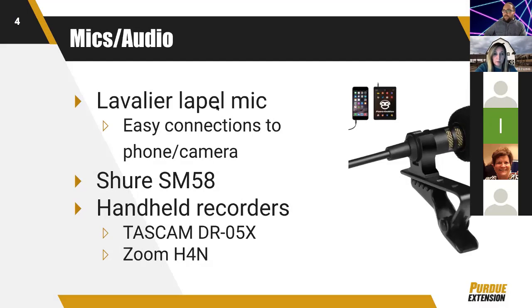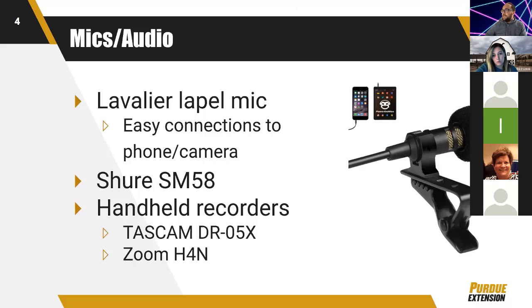As far as mics and audio go, we've had a couple of recommendations recently that some people have asked about, lavalier or lapel mics. I'll share that option here, where it is on Amazon. It kind of looks like this. There's one that I prefer personally that looks like this.